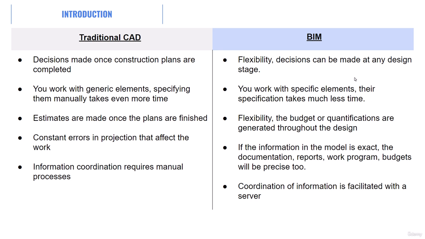And if you don't specify the parameters, usually all the predefined parameters that come by default will also specify everything to its last detail. And in the traditional manner, usually you work with generic elements, but it will mainly depend on you.